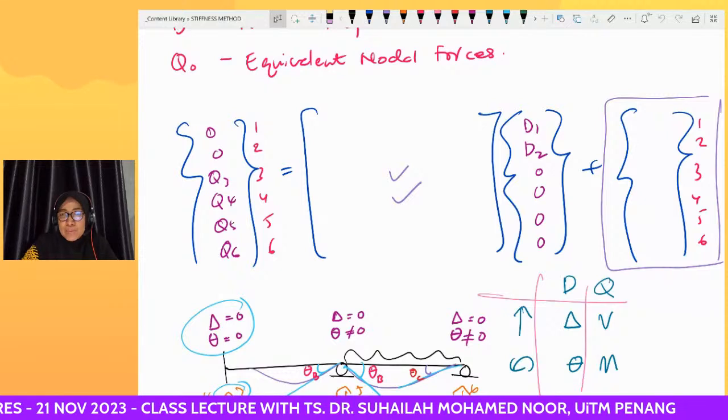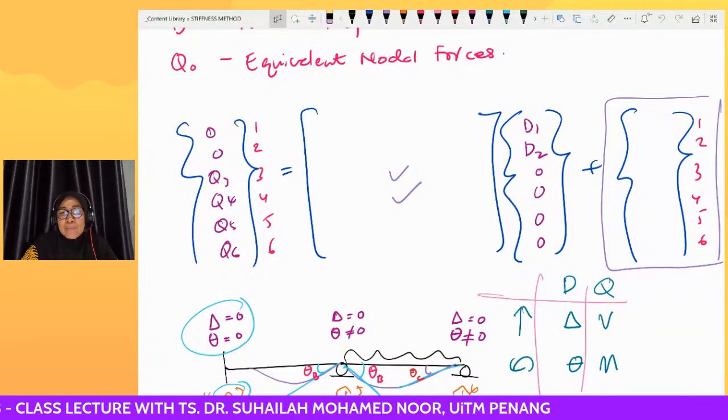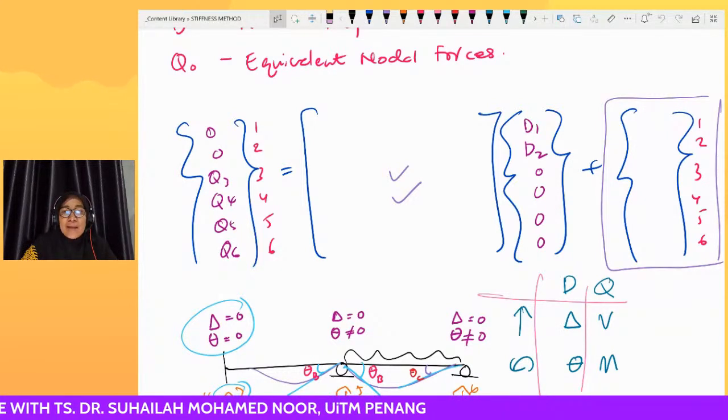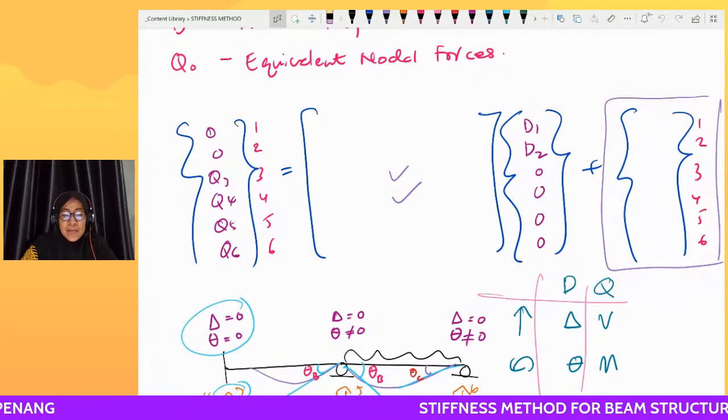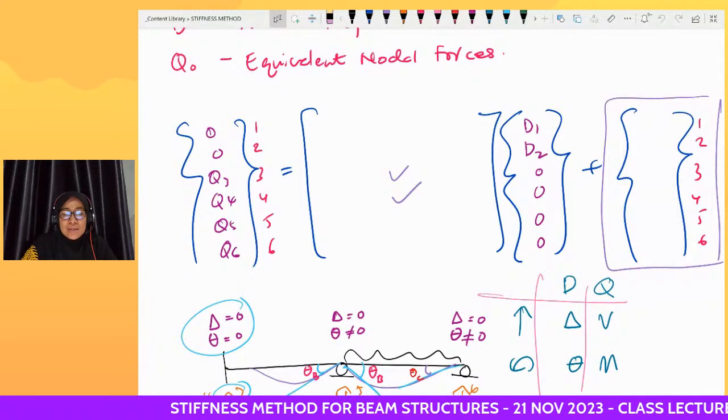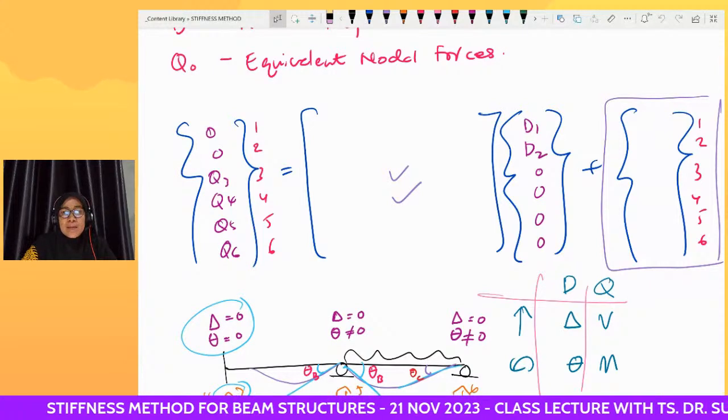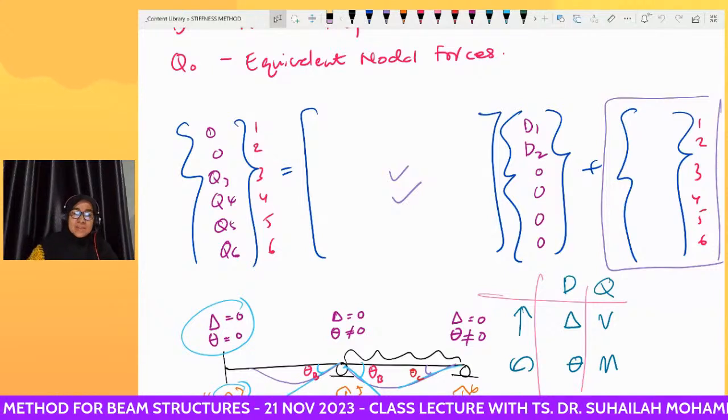Why the displacement at positions 3 until 6 becomes 0, and why the values for positions 1 and 2 in Q become 0. And I believe you have calculated the K value, the matrix.